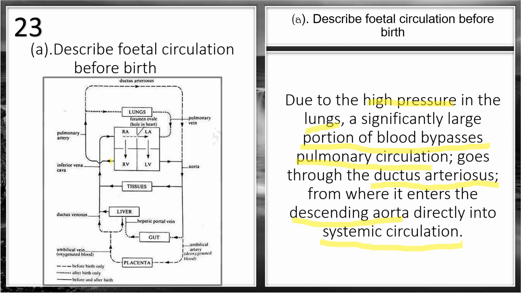So when this deoxygenated blood comes out of the pulmonary artery, some will go to the lung. But because of the high pressure in the lungs, much of it will bypass through the ductus arteriosus and be given to the aorta, where it will be distributed to all parts of the body to join the systemic circulation.